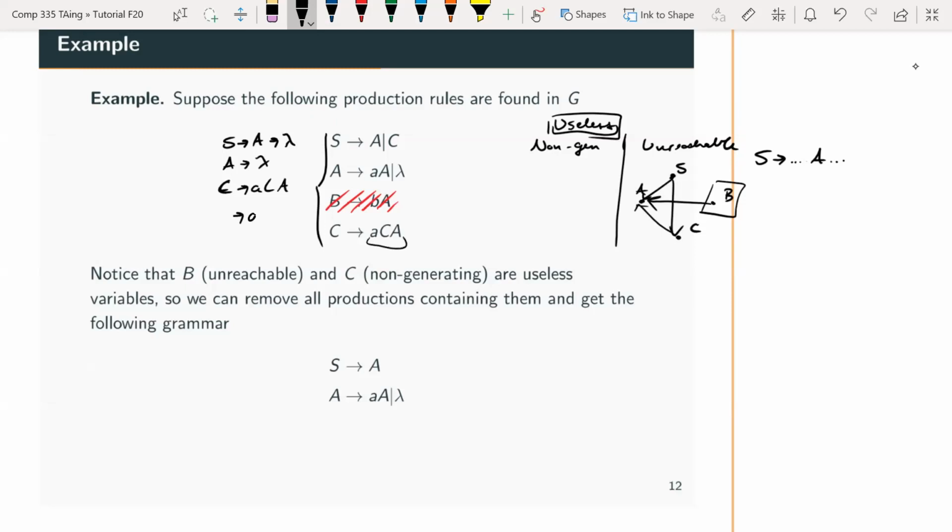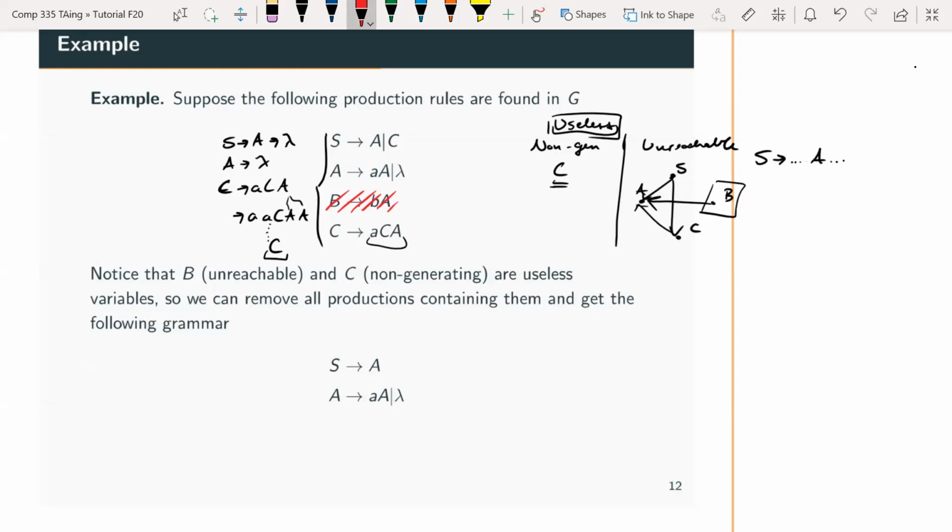So I'm going to get A, ACA, A. So it doesn't really matter what I do with these A's, because for as long as I use this production rule, I'm always going to be stuck with the variable C, meaning I'm never going to get a full string or a full sequence of terminal symbols, okay? So that means that the variable C is non-generating, because it can never produce a string of terminals.